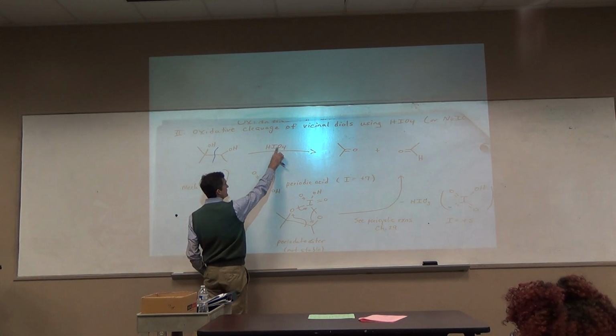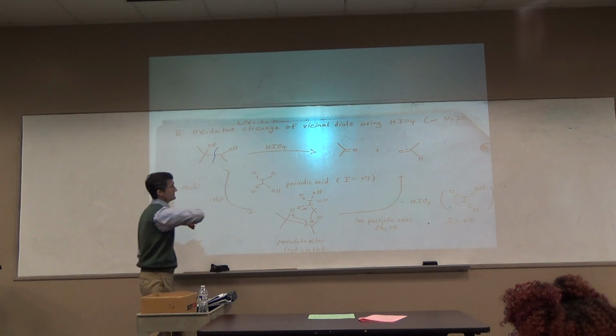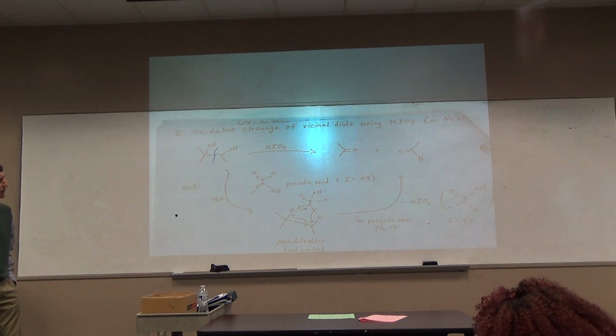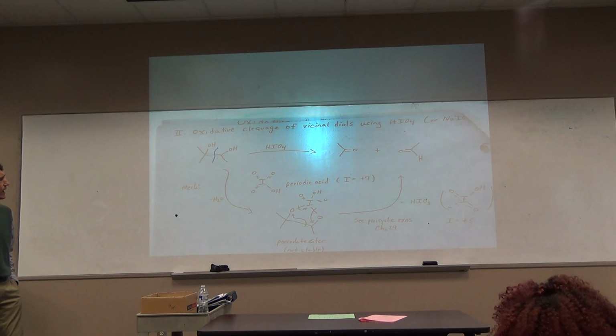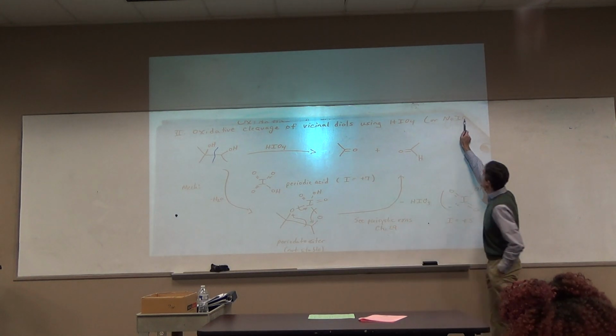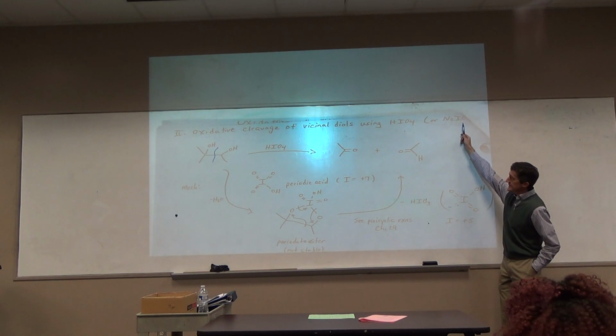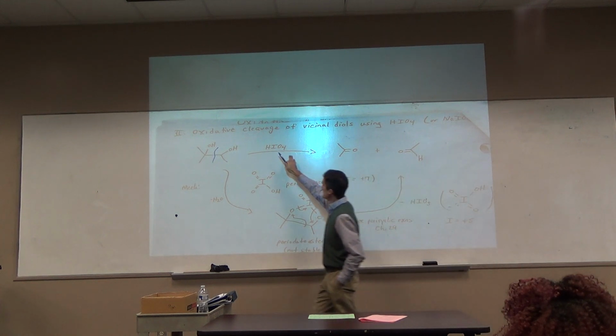Now, reagents that can do this is periodic acid, HIO4, fairly common oxidant, although it's more common to have the sodium salt, sodium periodate. Because the acid is a little unstable, it's liquid and stuff. Sodium periodate is a nice solid. And you can just use it in acid, and it'll just generate this.